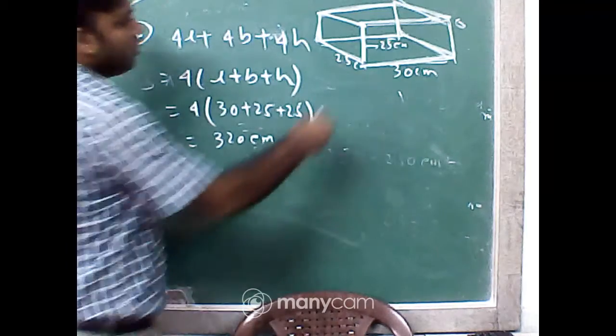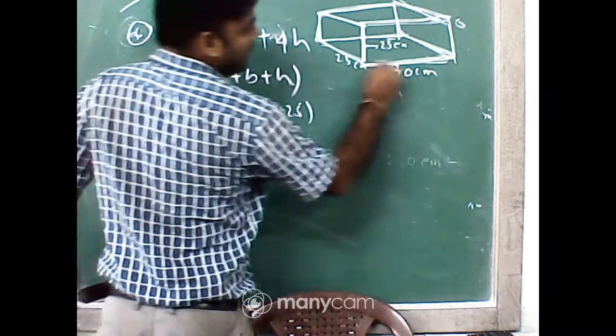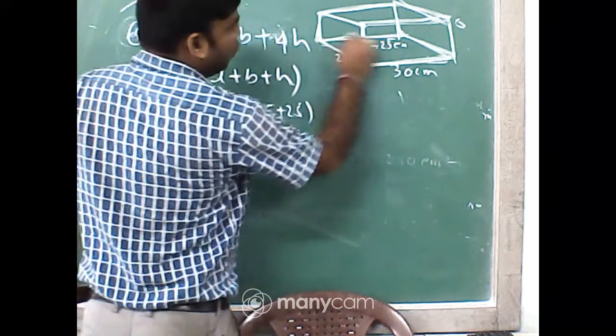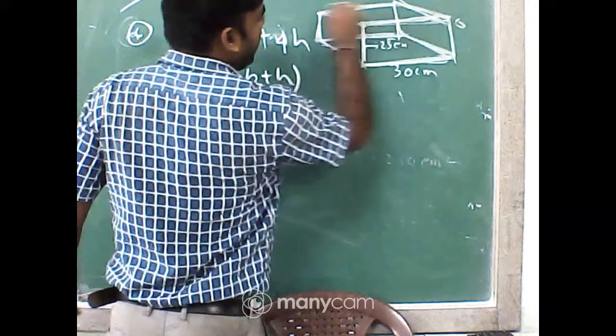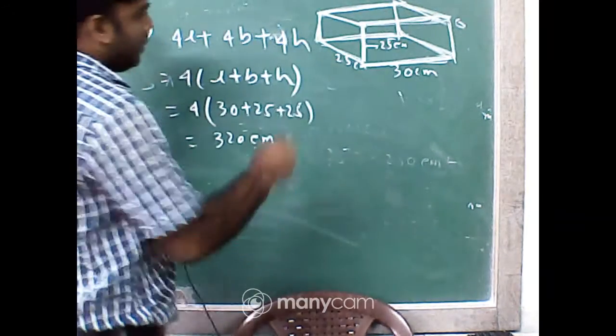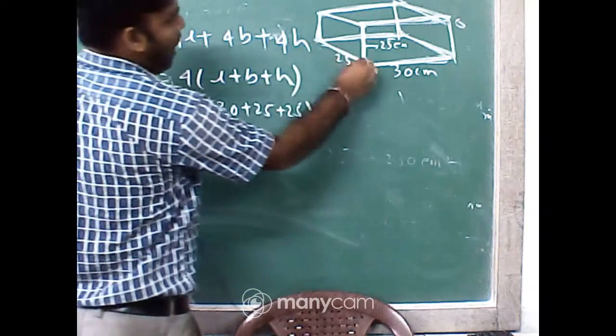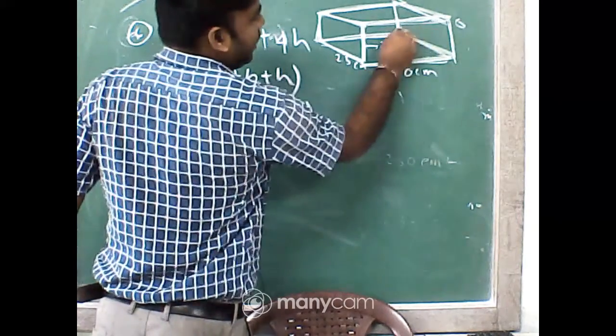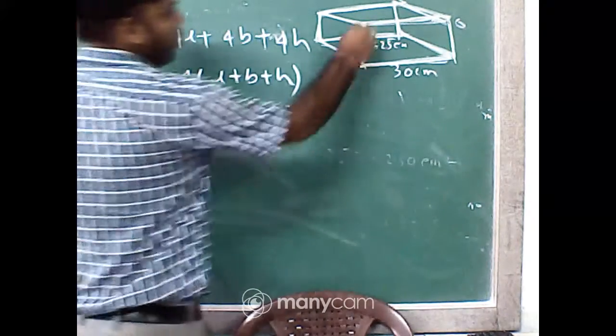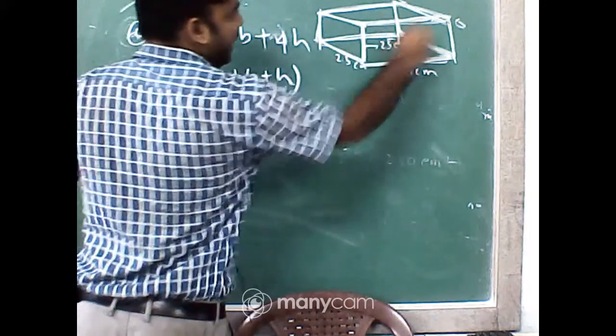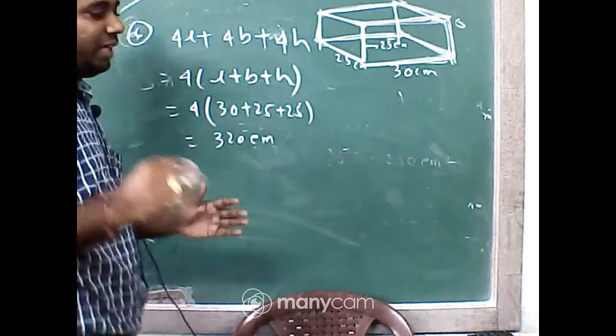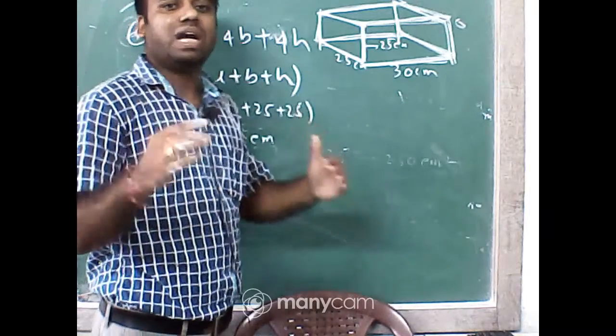Just think that L means this, 1, 2, 3, 4, 4L. 4B means 1, 2, 3, 4, and 4 height means 1, 2, 3, 4. These edges need to be attached with the tape.